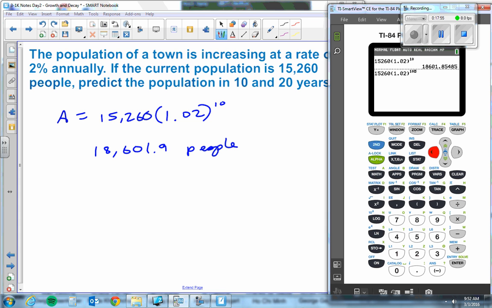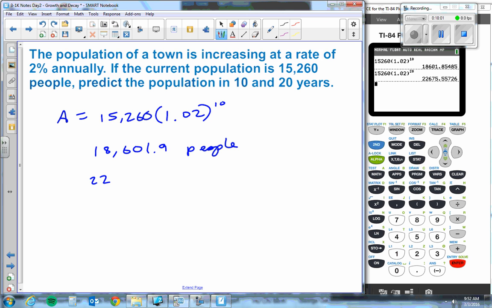And then once again, change it for 20 years. Okay?